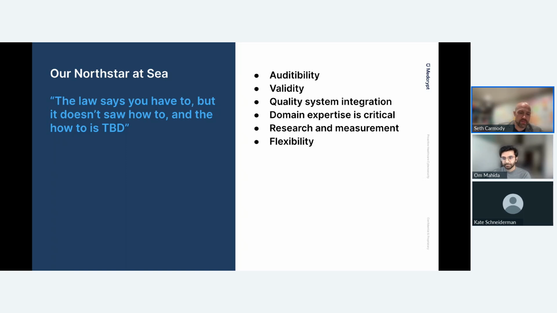And I mentioned this in response to WAG's question. What are some North Stars that we can point to, a framework as we move through this ambiguity and uncertainty? One, auditability. We have to be able to track what we do, when we do it, how we do it, so that we can look at it over time. You and I talked a little bit about validity, like, what does accurate mean?